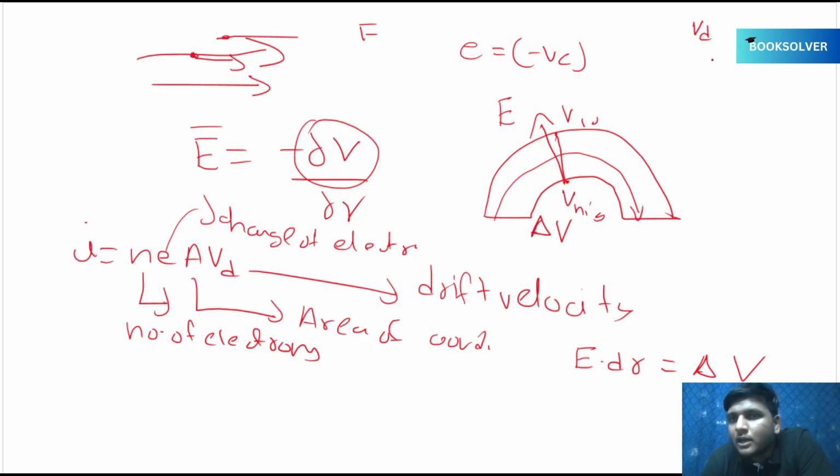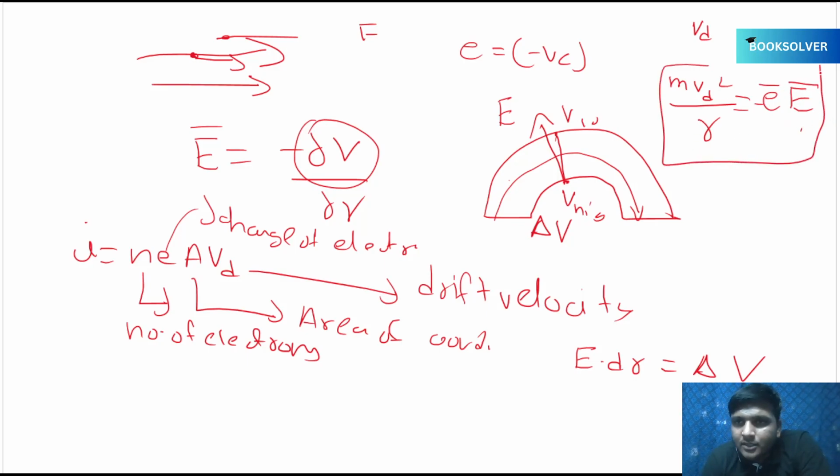So when any particle experiences centripetal force, it is equal to m Vd square by r. We can take any radius r anywhere. This is the force experienced by the electrons here, which is provided by the electric field, E times the charge on an electron.